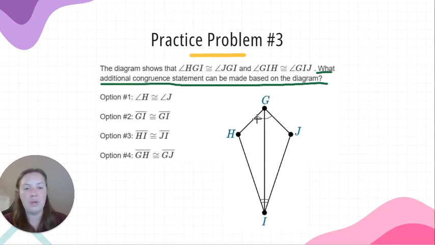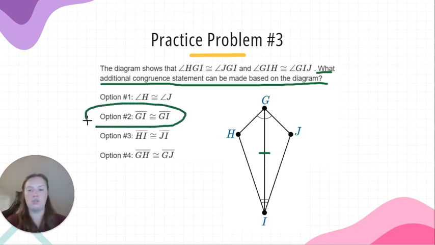Once again, we have two angles that we're working with, and we need to know what our side is. We want the side that's smack dab in the middle of the two, which is this one here, GI. So we want to show that GI is congruent to GI. If I was doing this, I would say by the reflexive property that GI is congruent to GI, but we just want to know what that side length is.